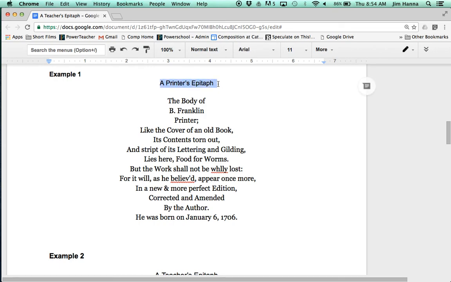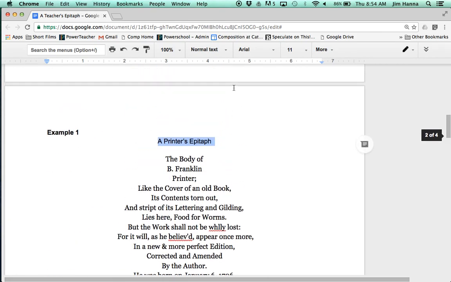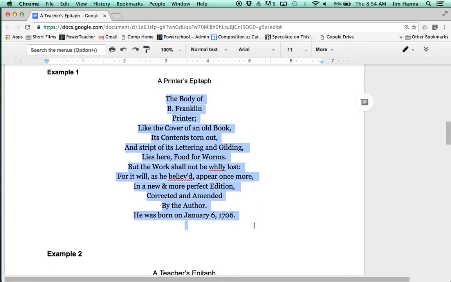your own epitaph. You do need a title. So a printer's epitaph, a teacher's epitaph, a comic's epitaph, a video's epitaph. You need a title, and you need, I'd say, 12 to 13 lines of a metaphor. And remember, once you say, like the cover of an old book, all these other lines have to do with a book, right?